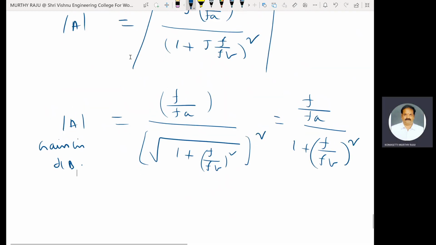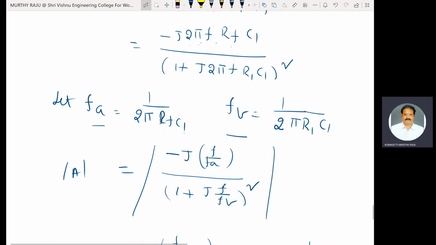Two parameters are defined, that is FA is equal to 1 by 2 pi RF C1 and FB is equal to 1 by 2 pi R1 C1.